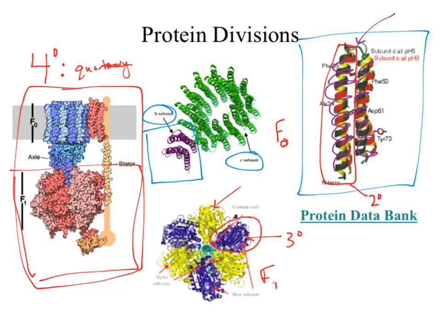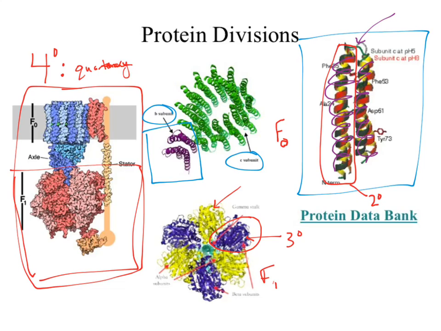How that secondary pattern interacts with another secondary pattern within the same protein gets us tertiary structure. How that protein with another protein gets us quaternary structure. How that sequence of proteins with another sequence of proteins, still quaternary structure. So we've got quaternary, tertiary, secondary.